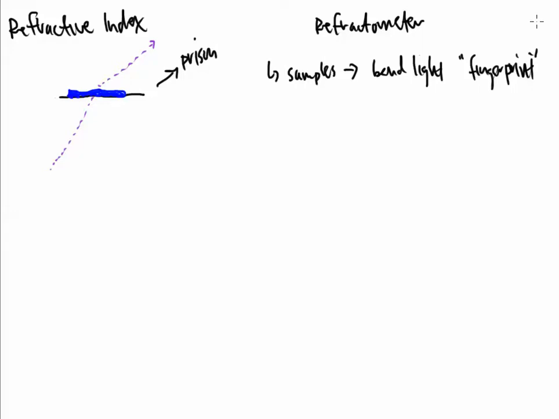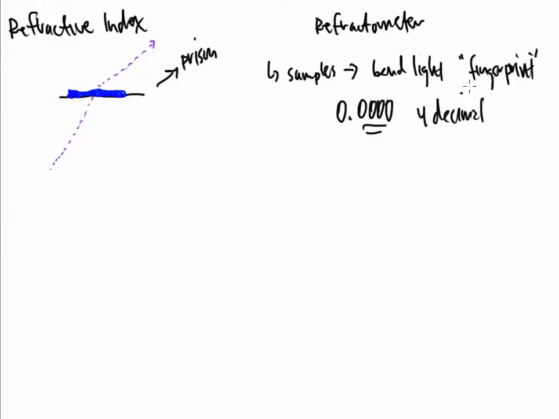The machine that you will be analyzing on will go to 4 decimal places. At this 4 decimal place location, you're going to have a very hard time finding samples that will bend light exactly the same way.